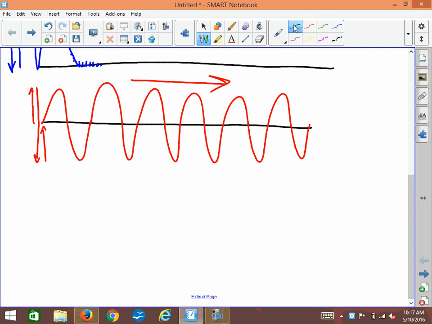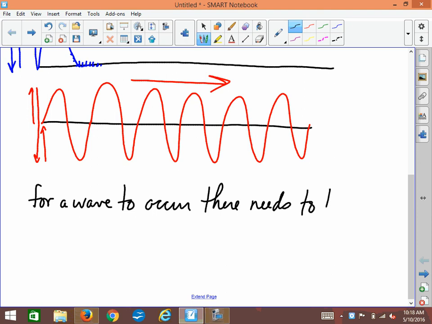Okay, so let's get some terminology into our heads now that we have this picture. In order for a wave to occur, let's write down, for a wave to occur, there has to be something that is vibrating.